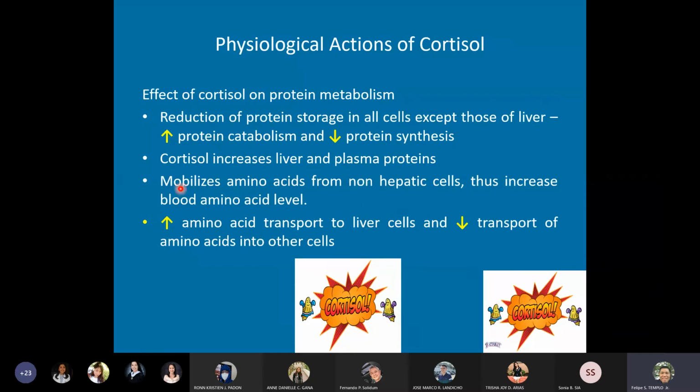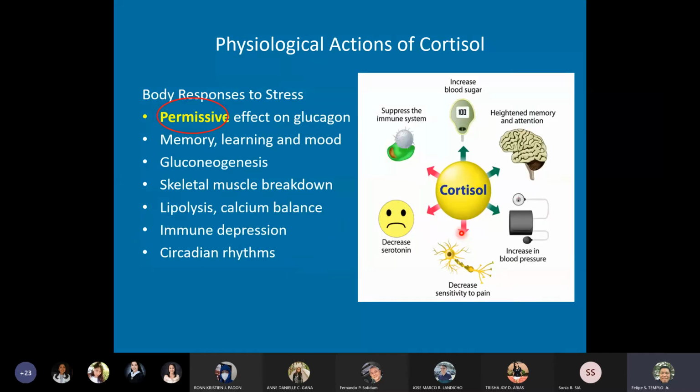But this is now the action of your cortisol again. I probably will not expound more on this, but it is mainly catabolic. So there is increased protein catabolism and decreased protein synthesis. Everything is catabolic. It increases your blood sugar and suppresses the immune system.